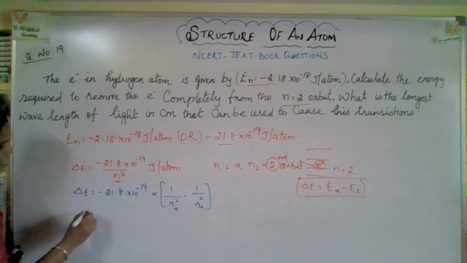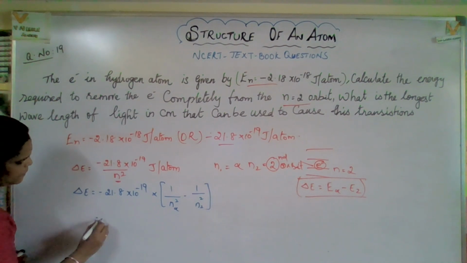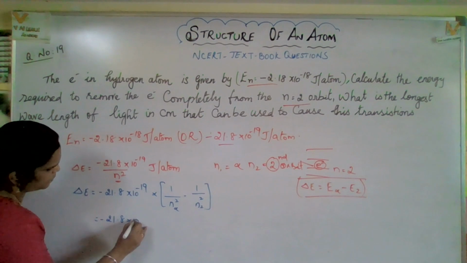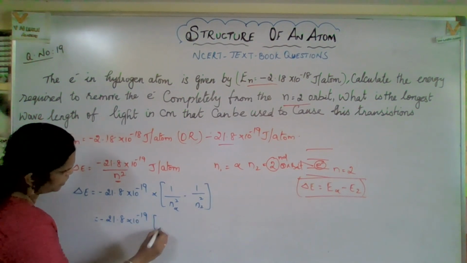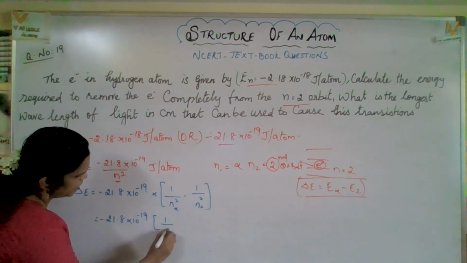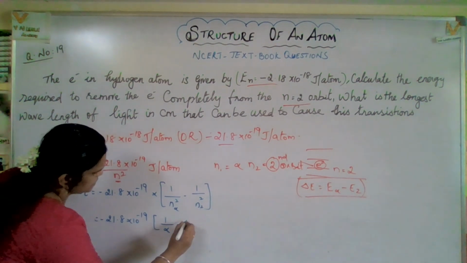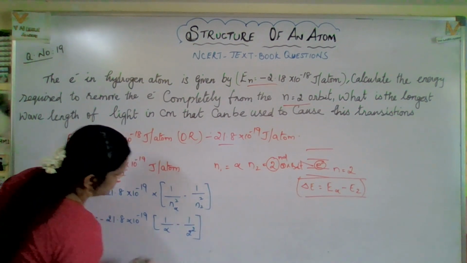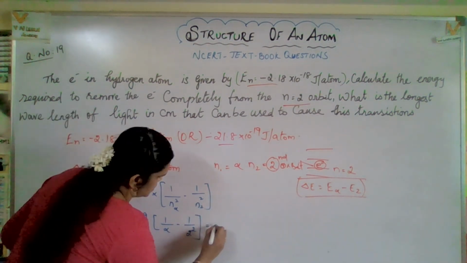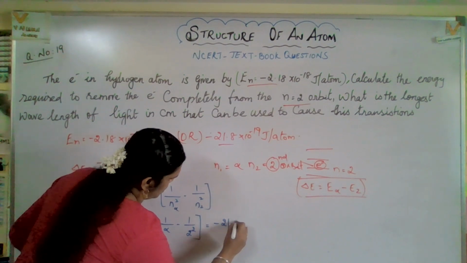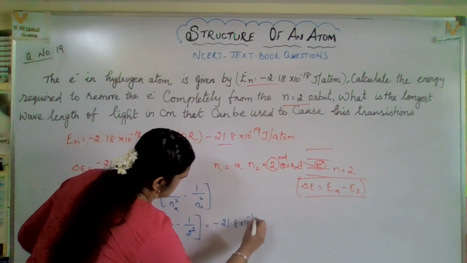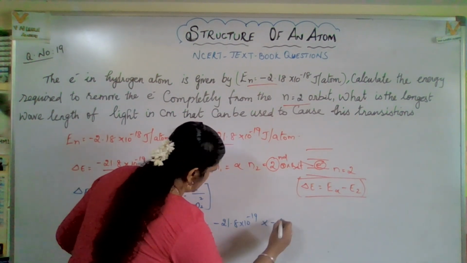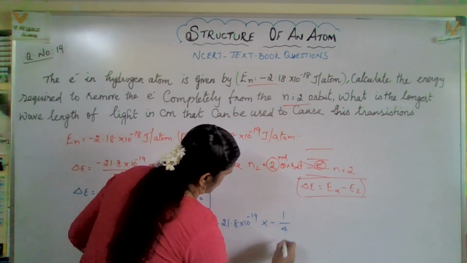Now let us apply the value: minus 21.8 into 10 to the power of minus 19 into 1 by infinity minus 1 by 2 square, that means minus 21.8 into 10 to the power of minus 19 into minus 1 by 4.